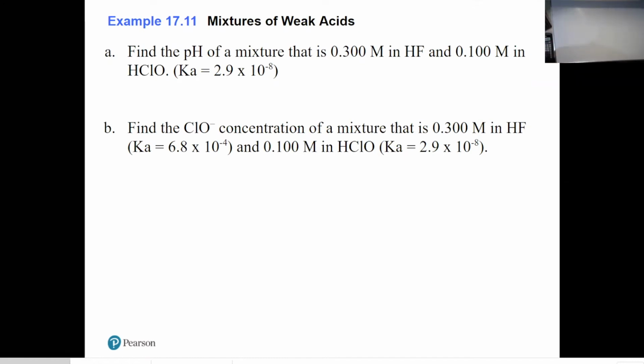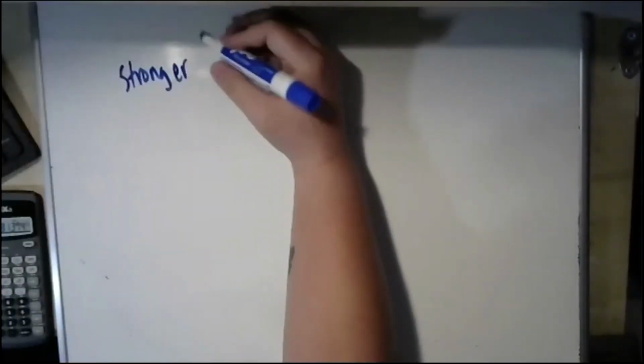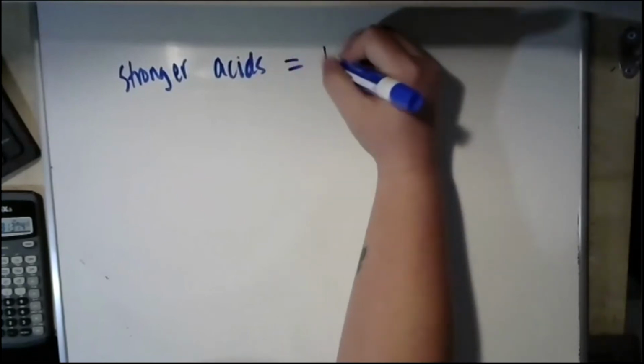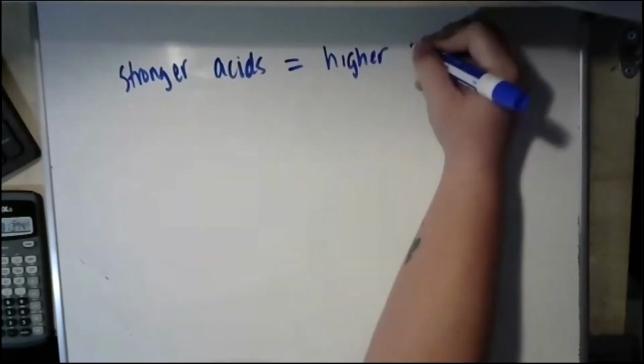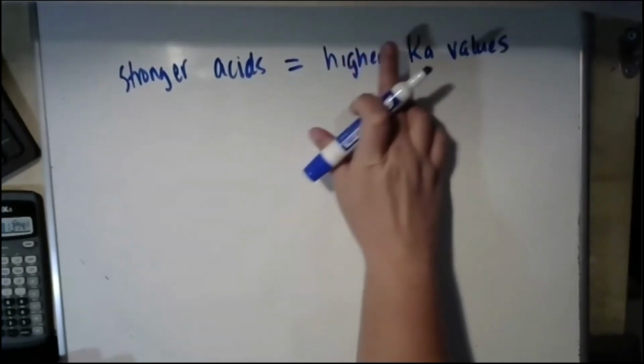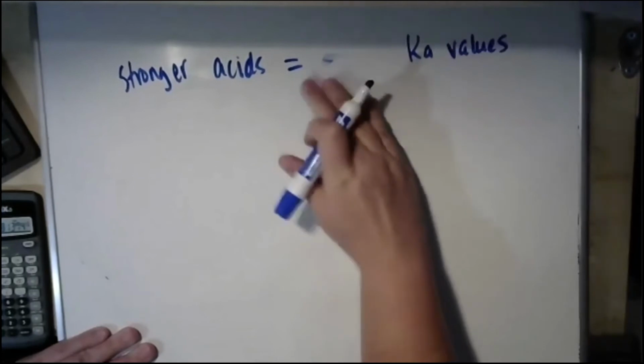So we're going to equate the strength of an acid to the size of its Ka value. So stronger acids, I'm going to assume that you wrote that stuff down, have larger Ka values.